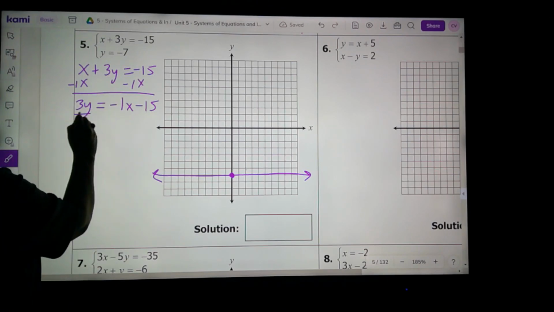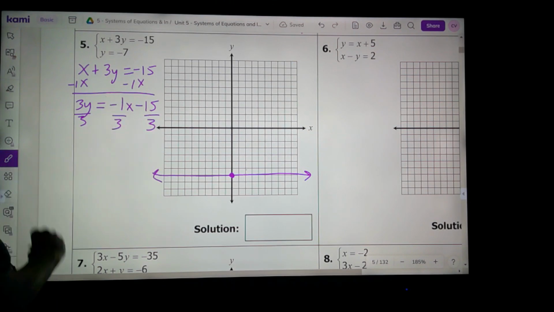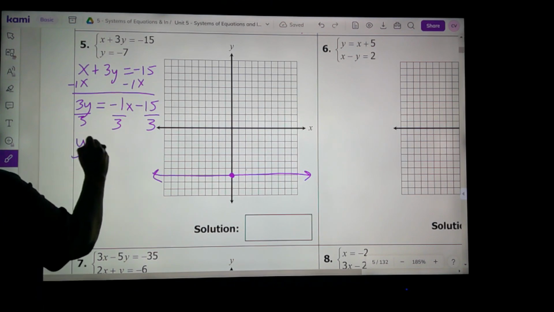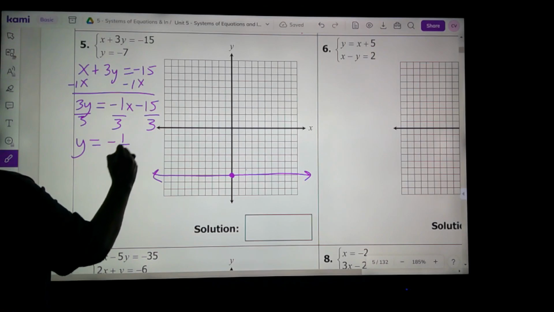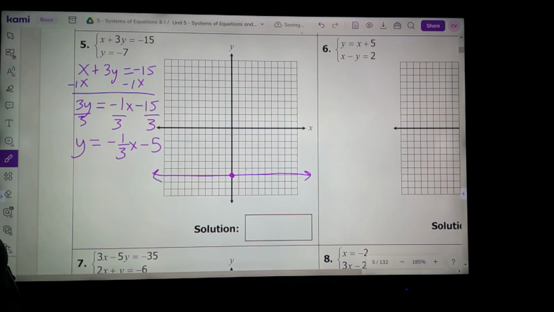Alright, we're going to divide by the 3 to get rid of the coefficient. Now you see why that invisible 1 helps you. Because you might get confused and think it's -3x. It's not. It's -1 over 3x. Right? Y equals -1 over 3x minus 5. This is why we simplify.